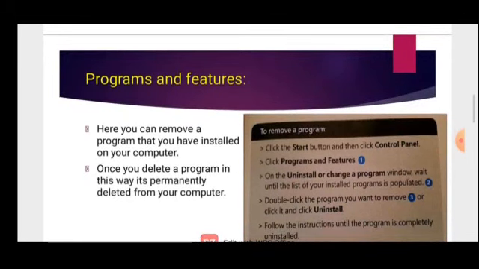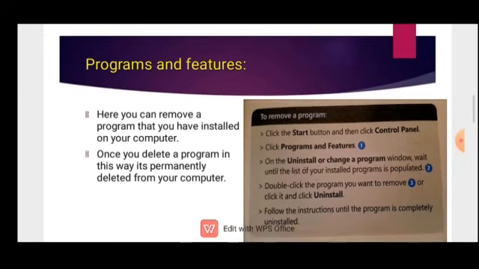Programs and features. Here you can remove a program that you have installed on your computer. This feature is used to remove a program when we install many applications and software in our computer, and after some time we have no need to use these programs. We delete it and remove it from our computer.